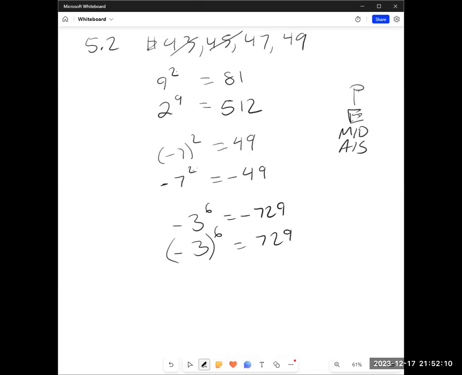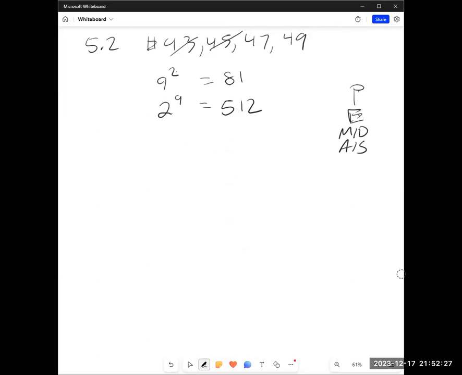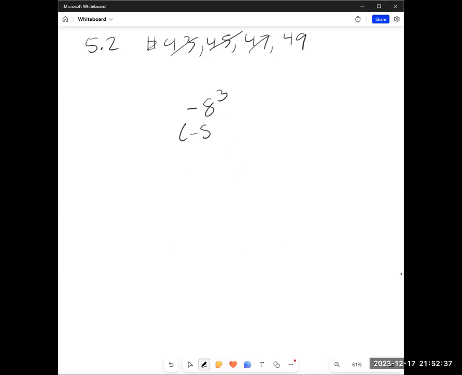I know it's positive because it's an even number of negatives here. If it had been an odd number of negatives, it would have stayed negative. In fact, that's the next thing we're going to do for our last problem: -8 raised to the 3rd, and then -8 raised to the 3rd.